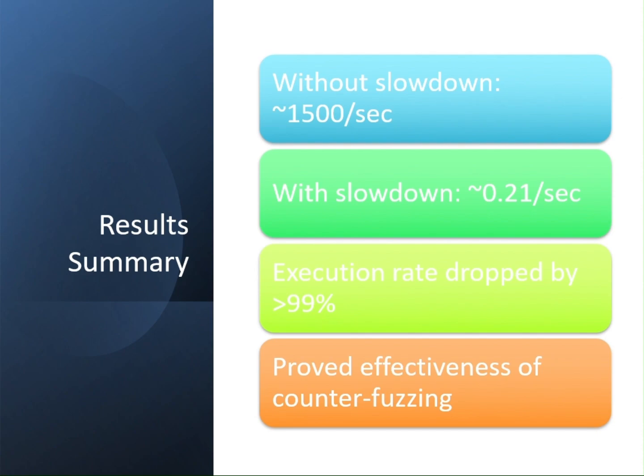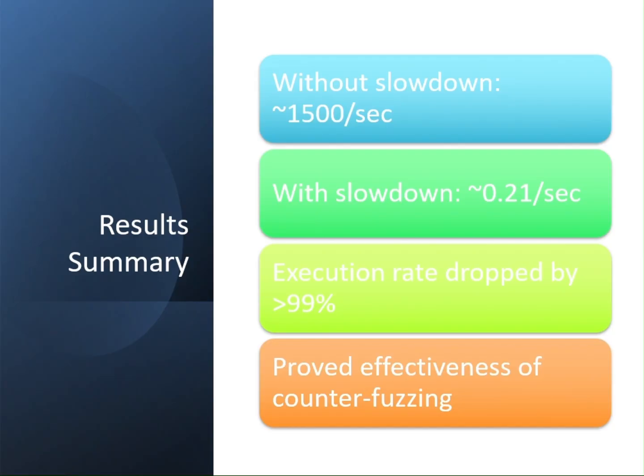And in a fuzzing campaign, time is everything. If you can only test a few dozen inputs in the time you could have tested thousands or millions, the odds of finding a rare crashing input become extremely low. So in summary, the counter-fuzzing measure worked exactly as I hoped it would, and made the program much harder to fuzz in any reasonable time frame.